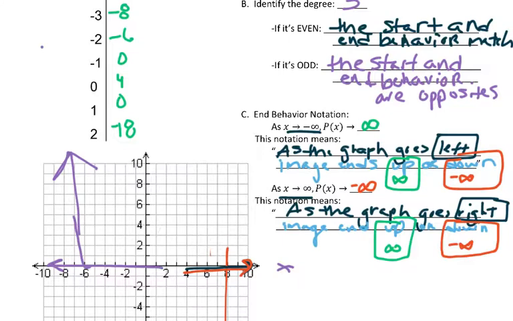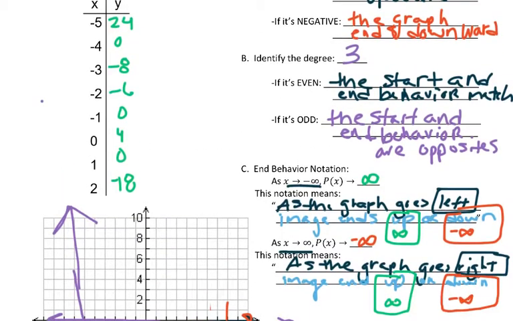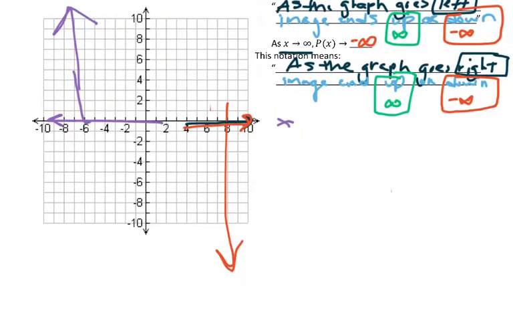Alright, so if we go through and plot these, let's see, we're going to go -5, 24, which is really not going to be that helpful visually. Then -4, 0, so that's here. -3, -8, so -3 down, -8. -2, -6.